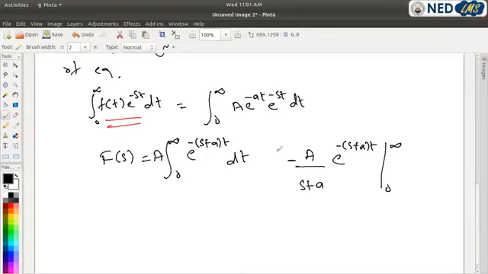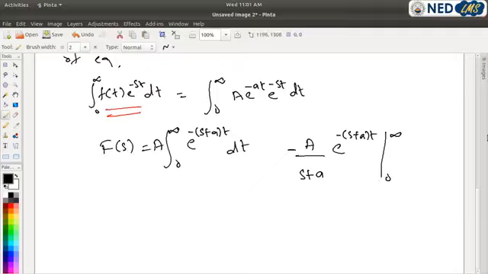The integral of exponential is also the exponential. So putting the limits in the exponential function, minus a over s plus a times e to the minus infinity minus e to the power 0, which is equal to 1.